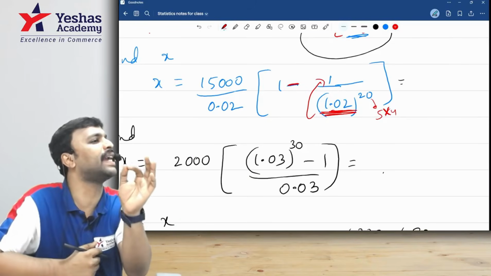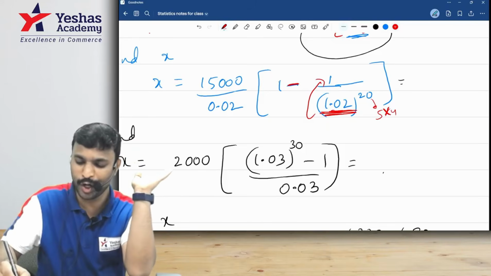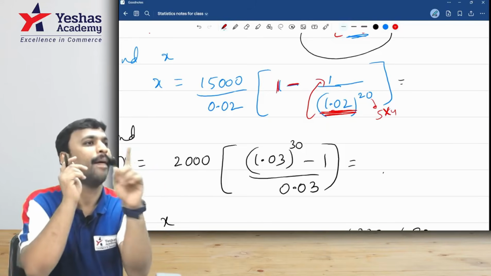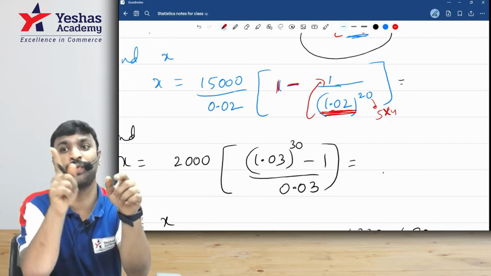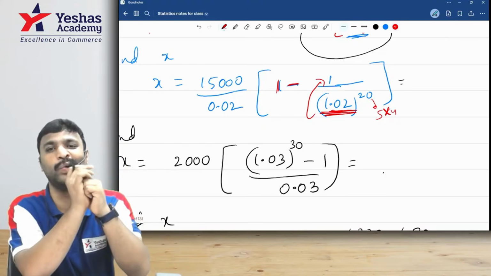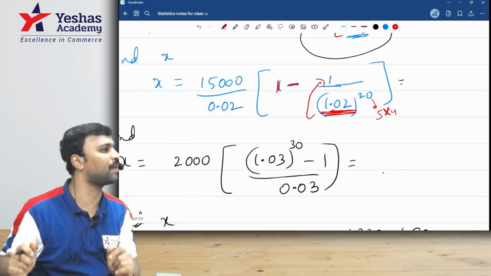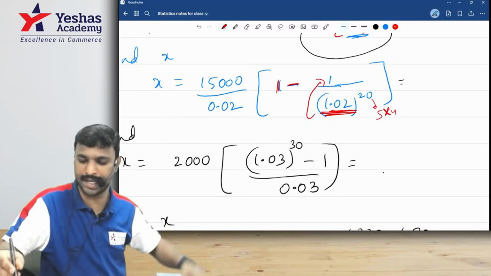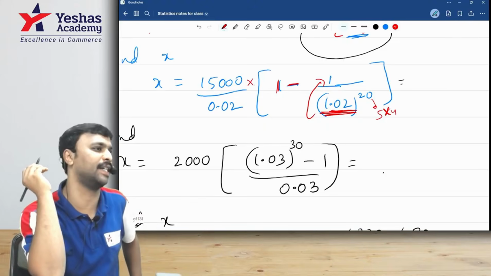Now look at the sign of this term. Negative. How do you make it negative? Plus or minus. What do you do with this one? Plus 1. Plus 1. Don't type just 1. Plus 1 you have to do. Clear? You've done everything within the square brackets. Come out of the brackets. What would you do? Into 15,000.